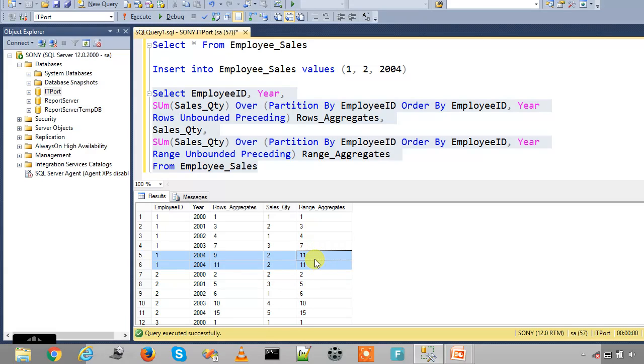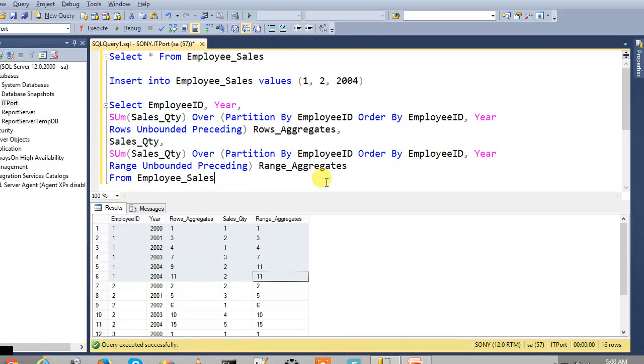So it aggregates with the range. These 2 rows contain sales quantity 2, so it aggregates matched with these 2 rows, because these 2 rows have duplicate values. So this is the difference between ROWS and RANGE.